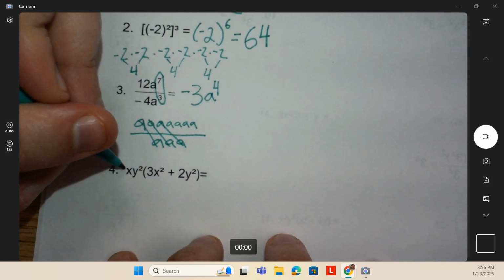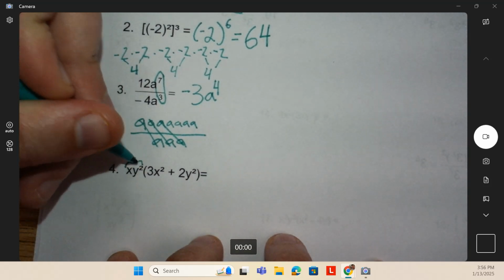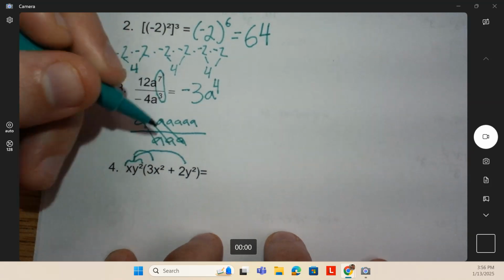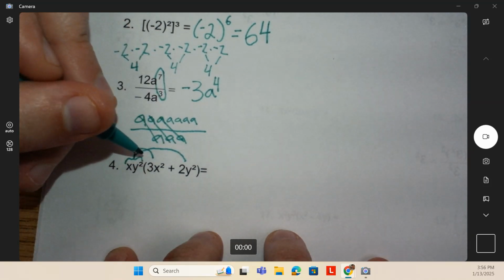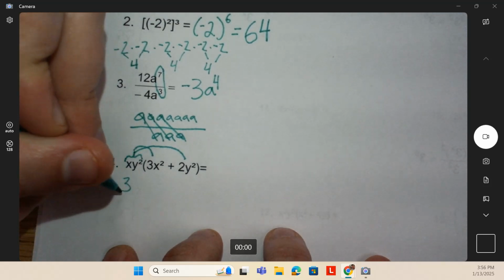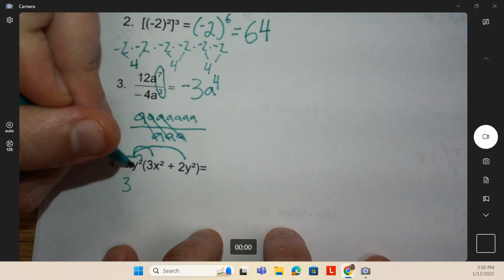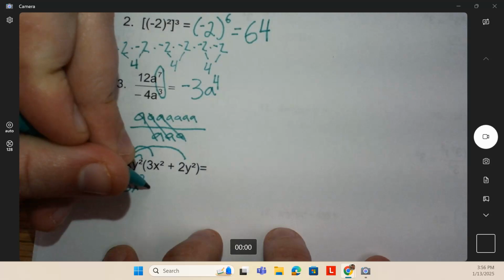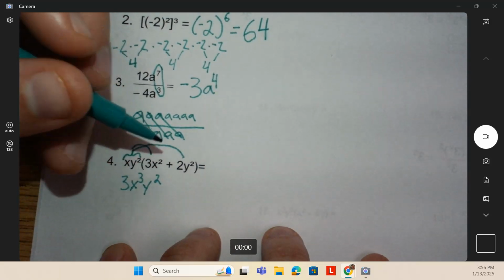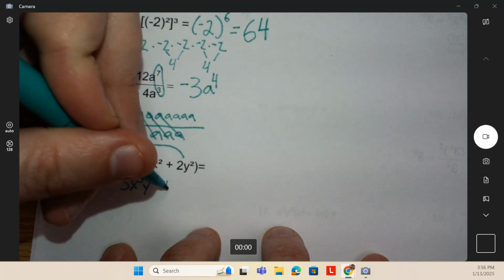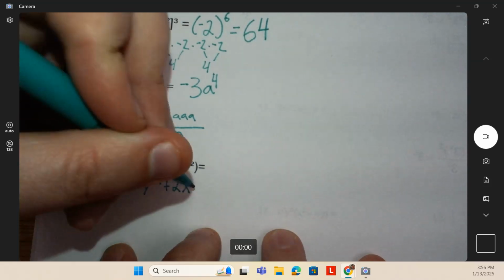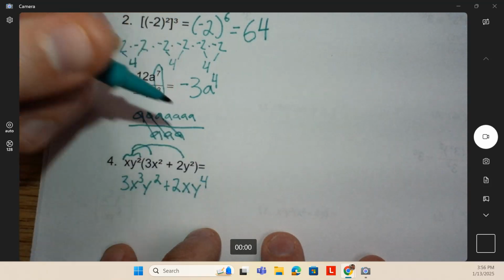Next I'm going to take xy squared and multiply it by this binomial. So when I do that, I'm going to take the claw and multiply xy squared times 3x squared to get me 3x cubed y squared, plus 2, and then just an x now, and y to the 4th.